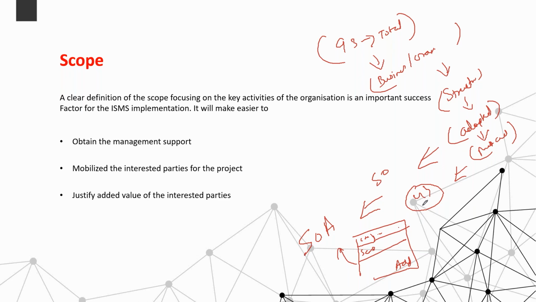Let me give you an example. In many countries, background verification is not a mandatory requirement. So let's suppose it is not mandatory, so that control will not be eligible in that specific region. So why would we want that control in place?